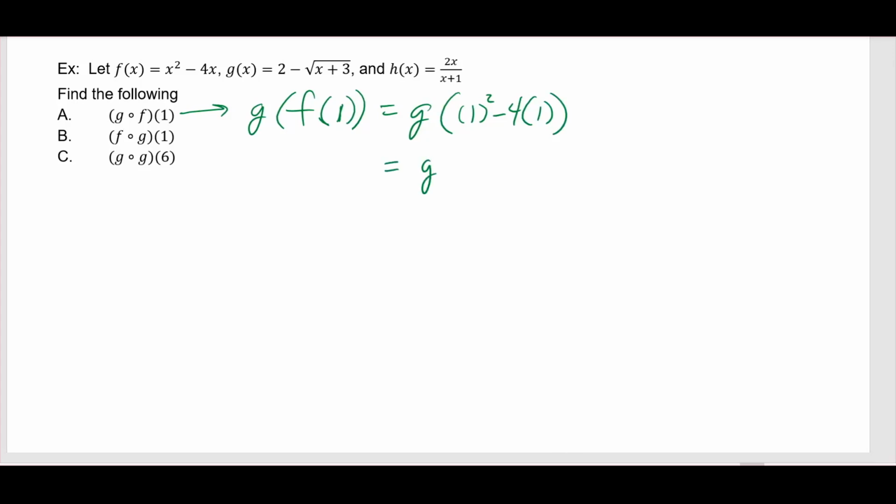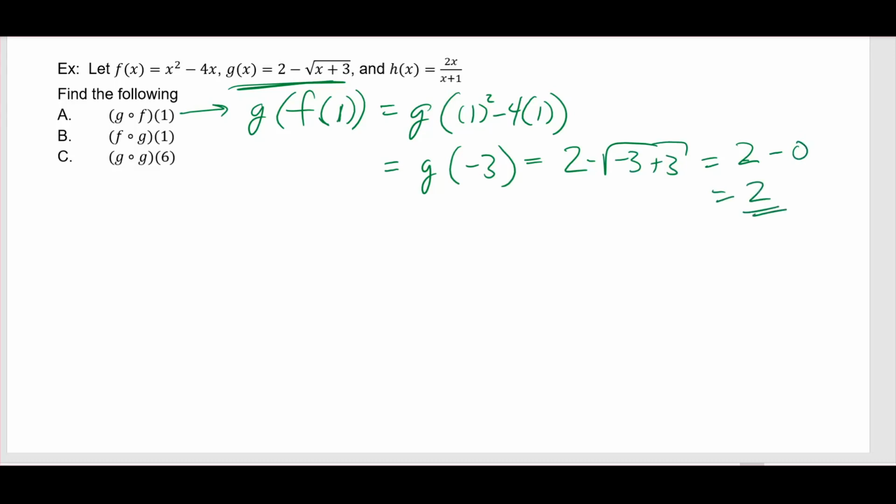So this is g of 1 minus 4, which is negative 3. Now I go to the function g and put in negative 3. We got 2 minus the square root of negative 3 plus 3. So that is 2 minus 0, so that's just 2. So g of f of 1 in this case is 2.